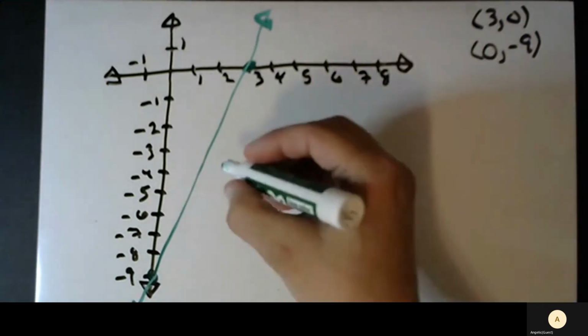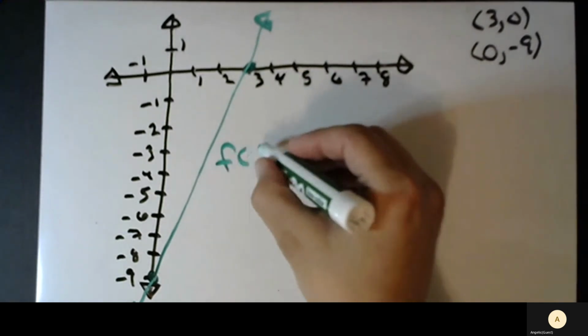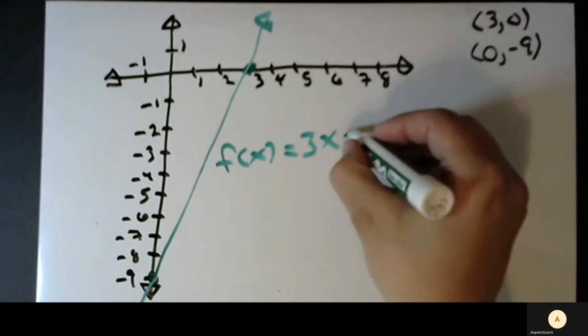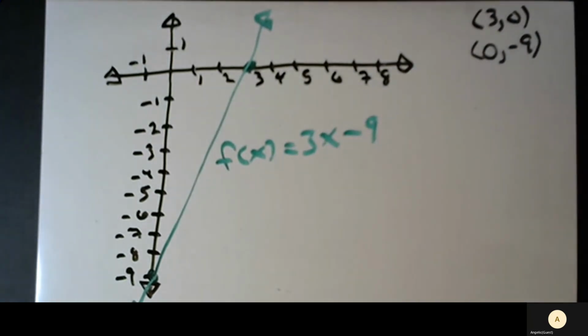And then that's going to be our f of x is 3x minus 9. So any questions about that? That's how we can graph using intercepts.